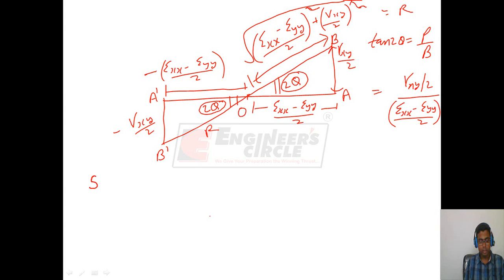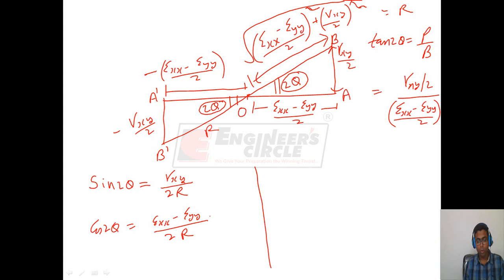From triangle OAB, sin 2 theta can be written as perpendicular upon hypotenuse, which is gamma xy by 2r, and cos 2 theta can be written as (epsilon xx minus epsilon yy) by 2r.